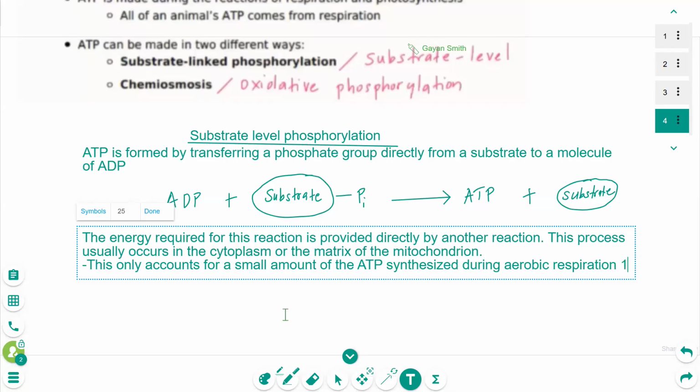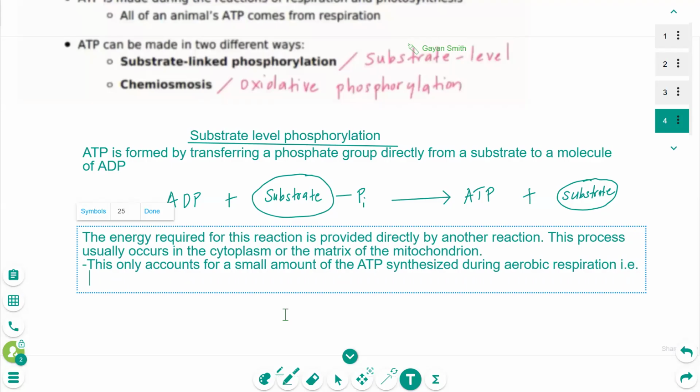That is approximately 4 to 6 molecules per glucose molecule.